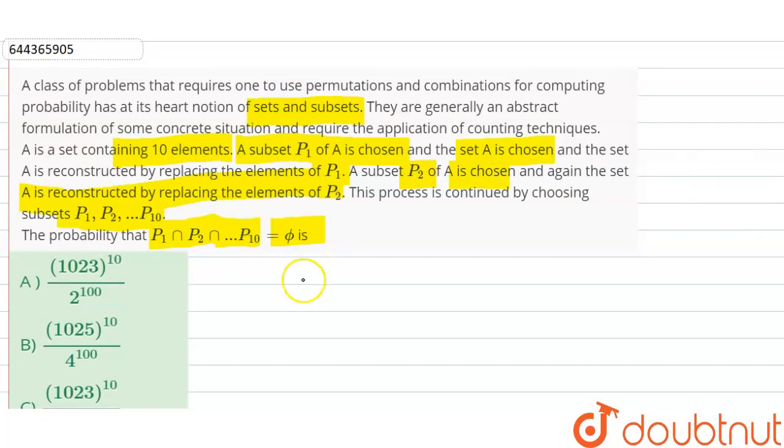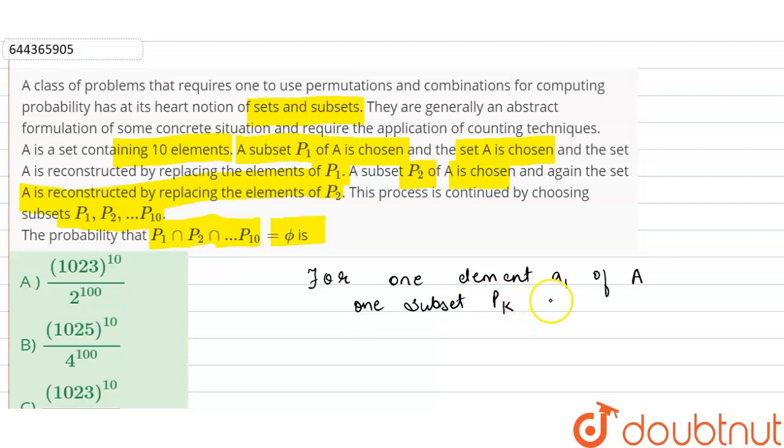So in the question it is said for one element, suppose that is A1, A1 belongs to A, and one subset, let the subset be PK.